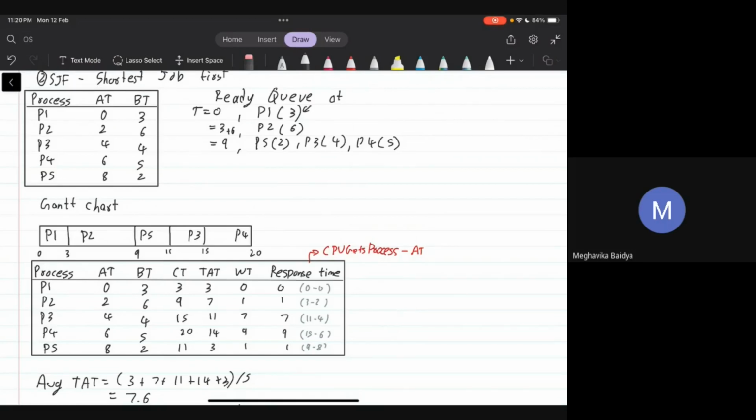And after that, you are telling me that since the arrival times of P3, P4, and P5 are in between 3 and 9, they are scheduled in a queue. So whichever has the shortest burst time will be executed as soon as P2's execution ends. Am I right? Yes. Okay. So 2 seconds is 11, and then again 4 seconds is 15, okay, got it.